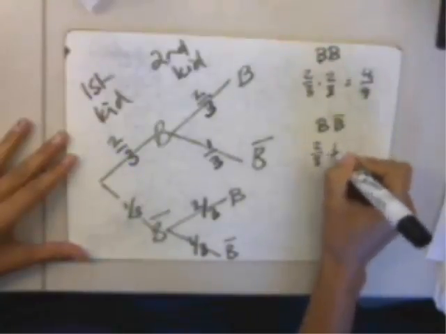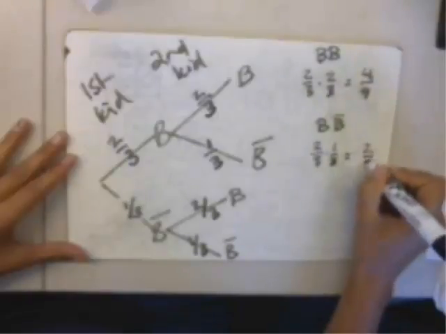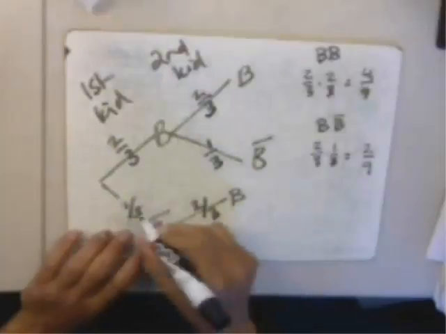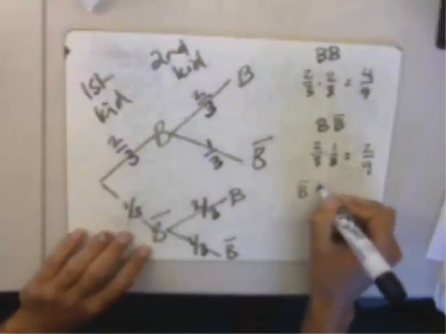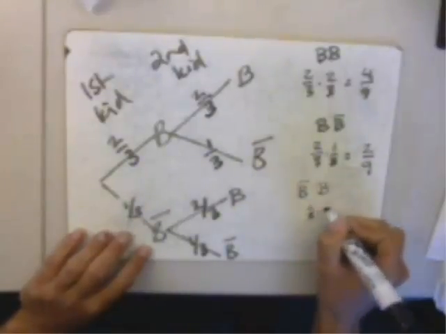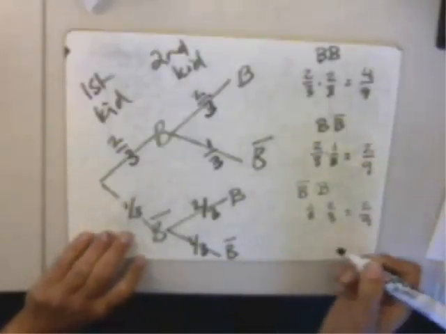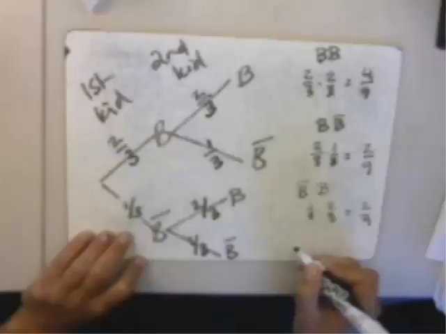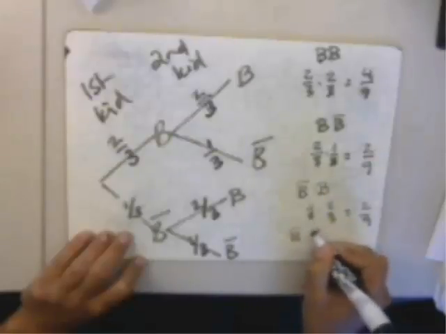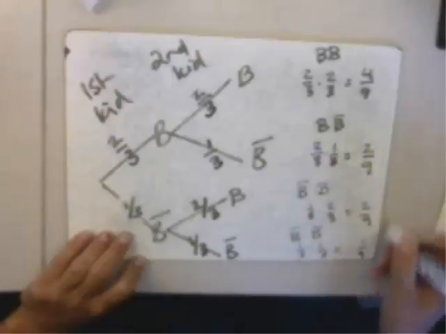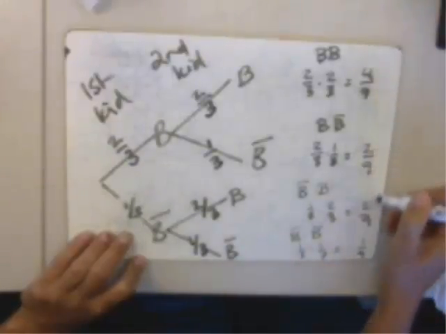Probability of having a boy then not a boy, that's 2/3 times 1/3, or 2/9. Probability of having not a boy and then a boy, we have 1/3 times 2/3, or 2/9. And then we have the probability of 2 not boys, which is 1/3 times 1/3, or 1/9.